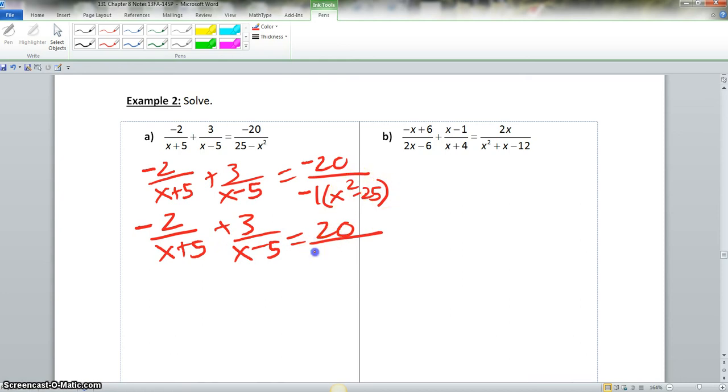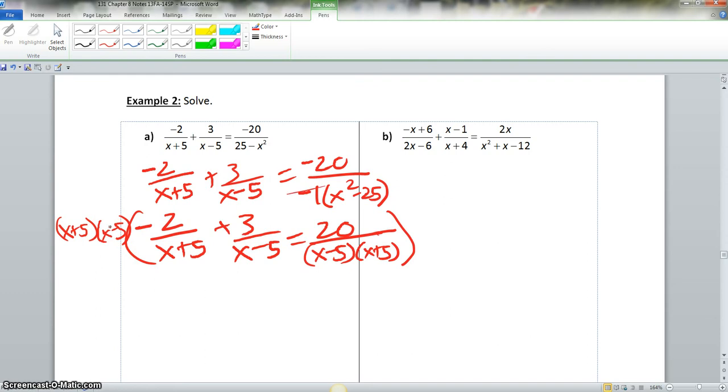x squared minus 25, we know that's x minus 5 and x plus 5, because that's the difference of two squares. Now we find the LCD. The LCD of all of these denominators is just x plus 5, x minus 5. So we're going to multiply everything by the x plus 5, x minus 5.